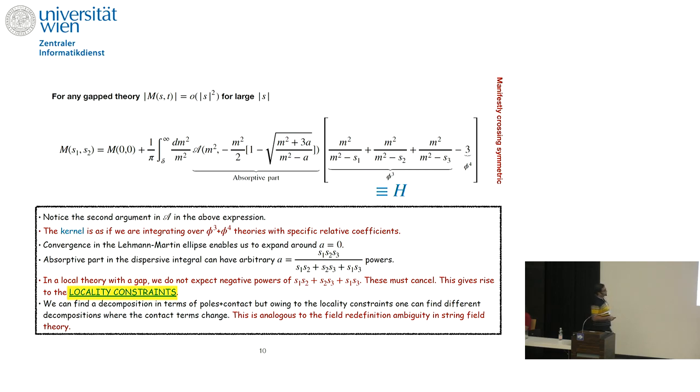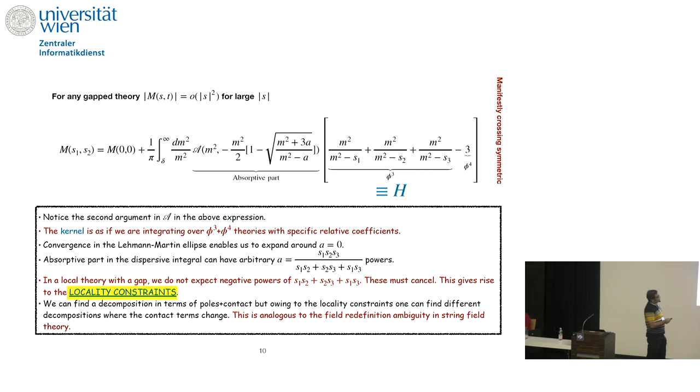And then there is some axiomatic input that we have to supply because we need to expand this amplitude around a certain point. We need to know where we can expand around. So we need to know where the partial wave expansion of the absorptive part converges. For that, we will use the Lehmann-Martin ellipse, which enables us to expand around A equal to 0. Suppose you are Taylor expanding this absorptive part around A equal to 0, you'll get arbitrary powers of A. But A was this ratio of sigma 3 to sigma 2.